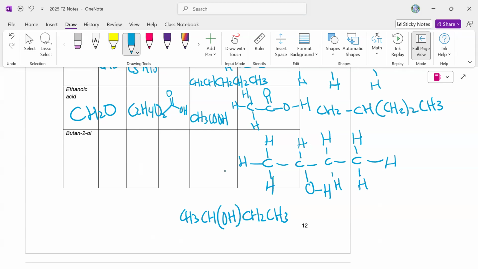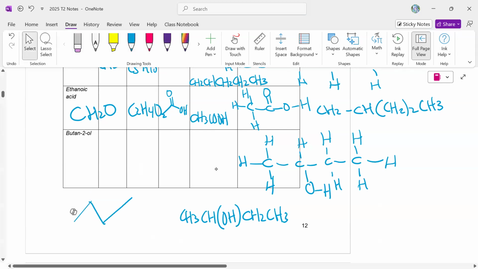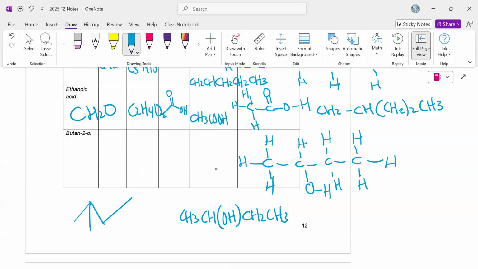And then when you draw a skeletal formula, 1, 2, 3, 4. Okay, and number 2, there's OH. So you can either branch up OH, or if you don't like to branch up, then you branch down. But branching down is quite ugly, so you branch up.